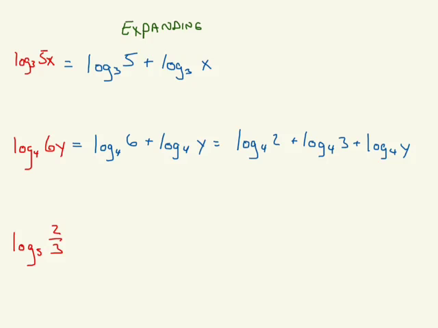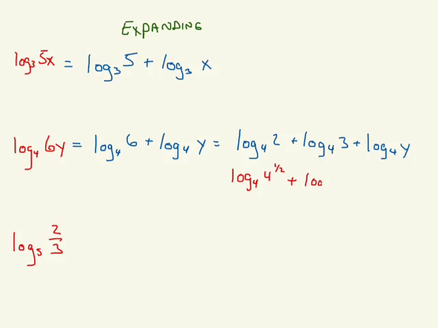Now, if we wanted to get really interesting, or really adventurous, I guess, we could look at this as a log base 4 of 4 to the 1/2 power. Right now, we're not sure what to do with that.